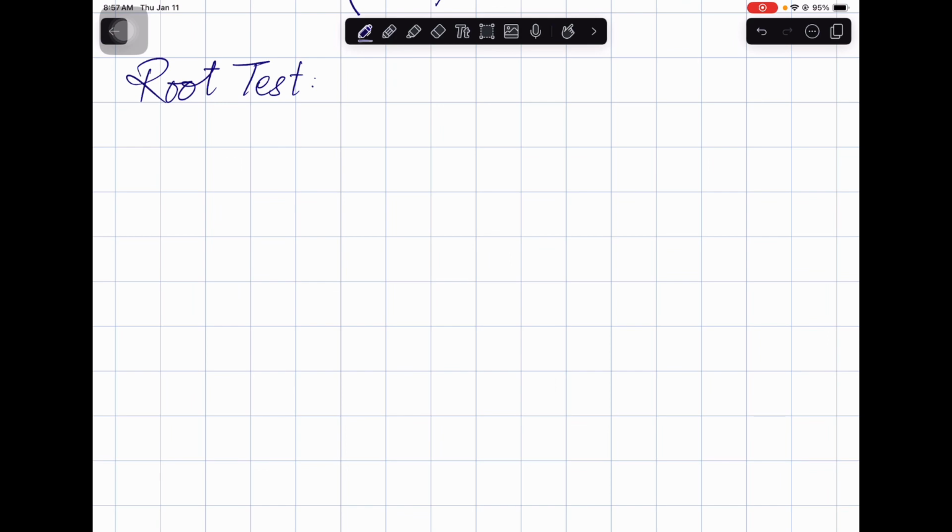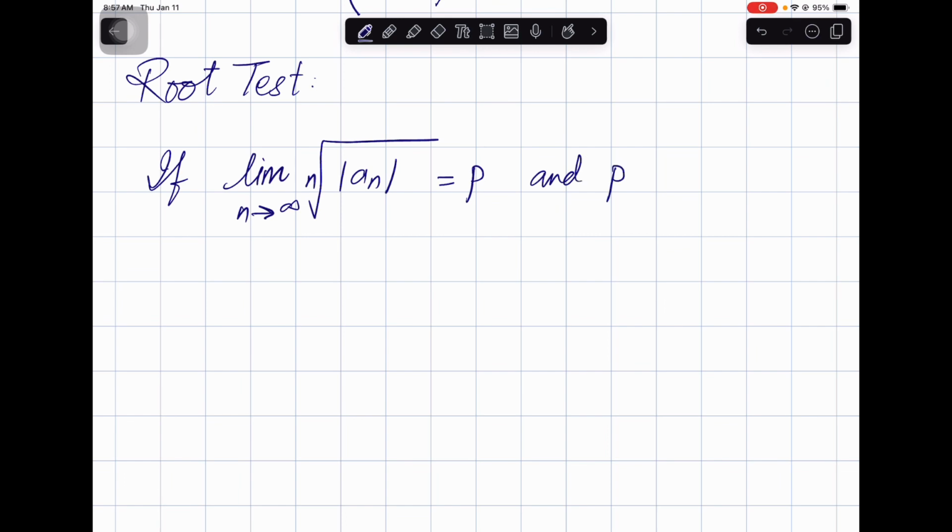So what the root test tells us is, if the limit of the nth root of the absolute value of a n, the reason it's called the root test is because we have a root sign, is equal to p, and p is less than 1, then the series is convergent.